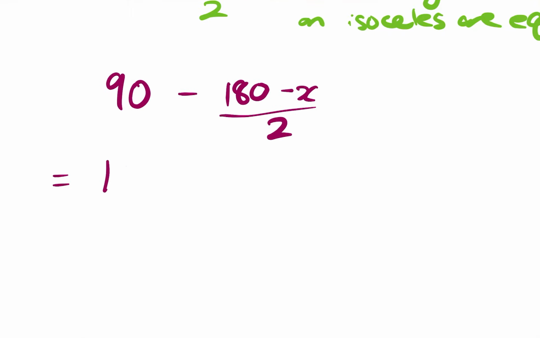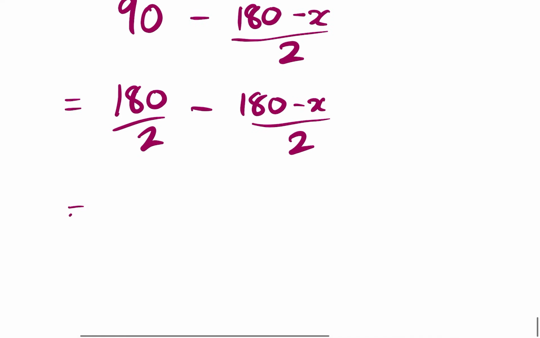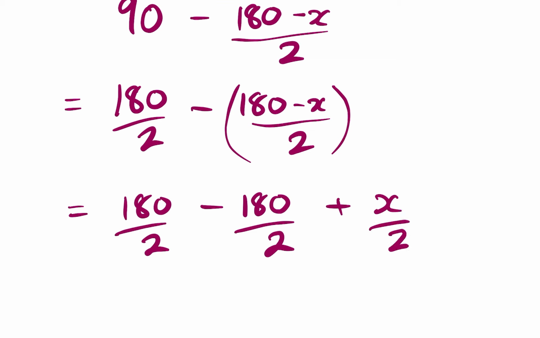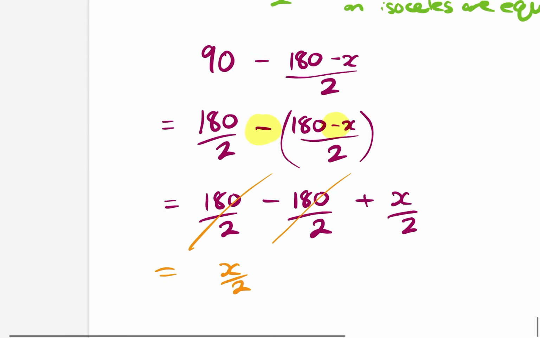Let's convert 90 to 180 over 2. Putting this in brackets, we get 180 over 2 minus 180 over 2 plus X over 2, because we've got a negative and a negative. Clearly these cancel, and what we are left with is X over 2.